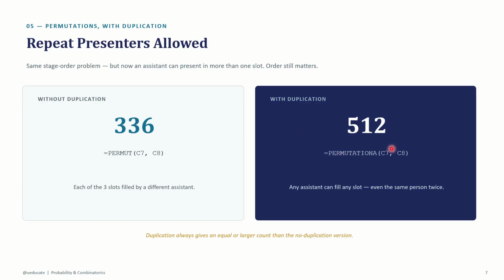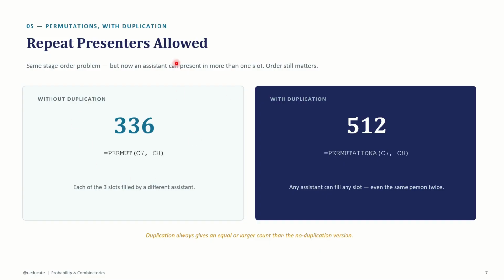The formula is equal to PERMUTATIONA, with the number of people available and the number of people chosen. Allowing repeats always gives you an equal or larger count because you are not ruling out any option after it is used once.